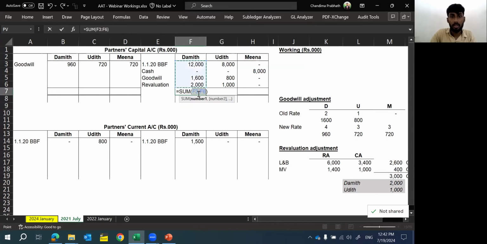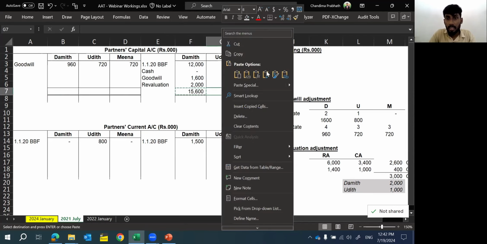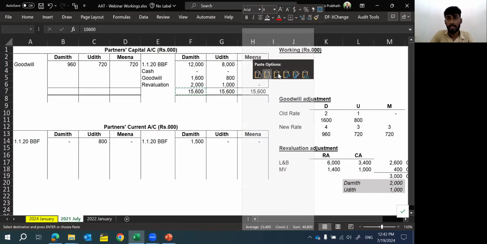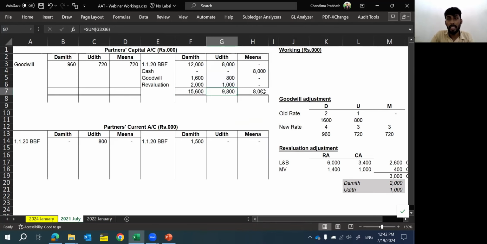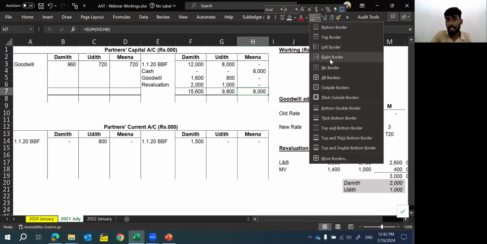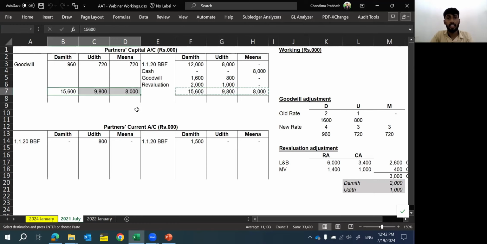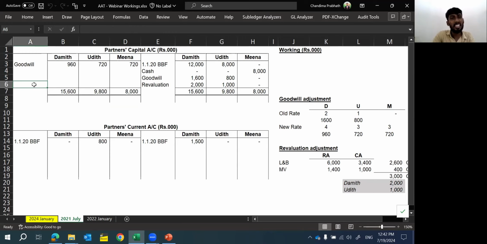Here 15,600. Sorry, it is 9,800 and 8,000 in the credit side. I am going to put those figures into the other side, then I can get the balance carried down. This carrying down is done on the first date itself, just to get the figure.